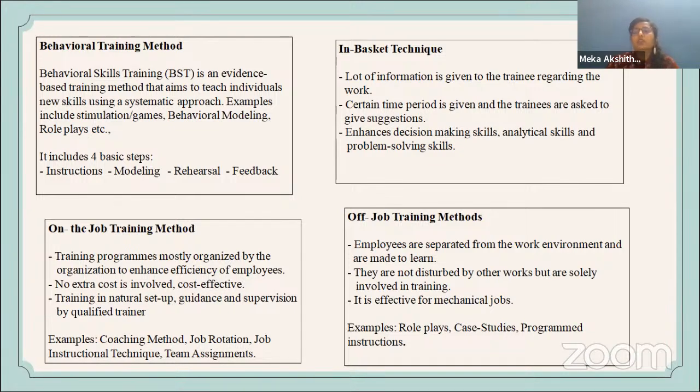Then after that, he would ask you to rehearse it. Whatever the trainer has shown you to do, you have to rehearse it, as in, you have to imitate the trainer. Whatever behavior he does, you have to imitate it.